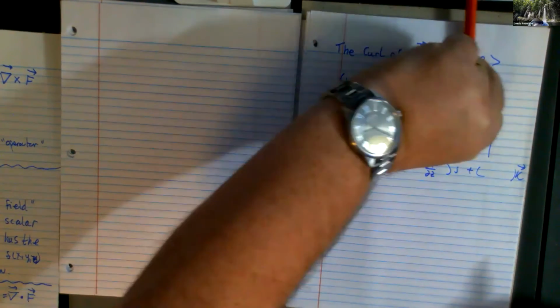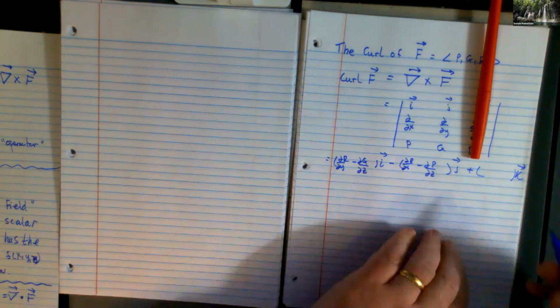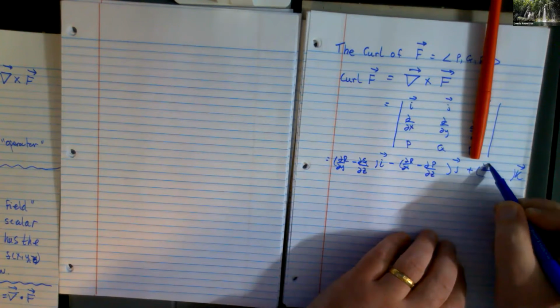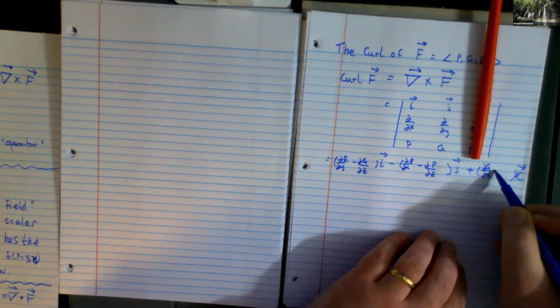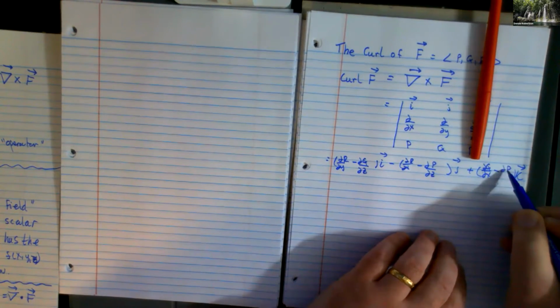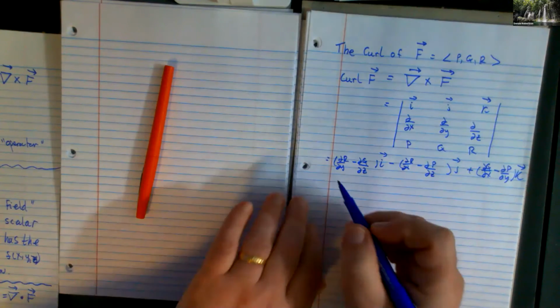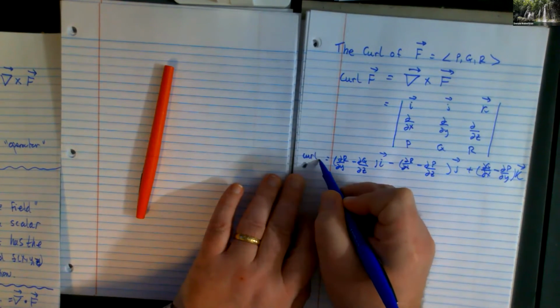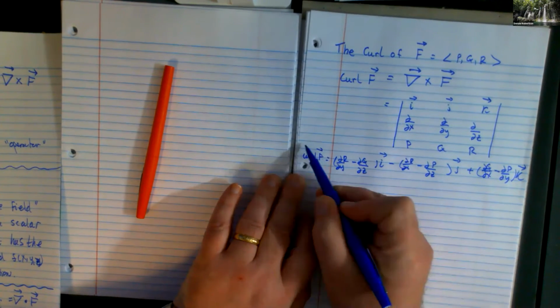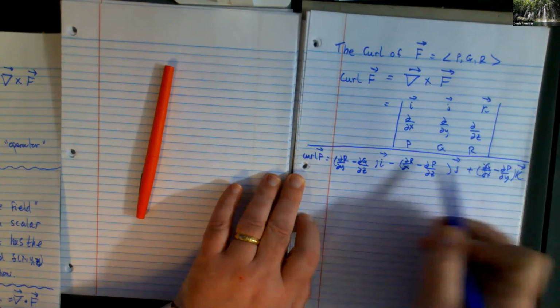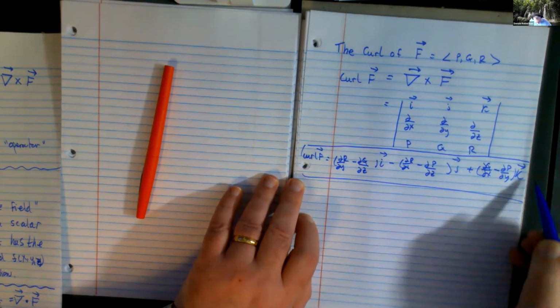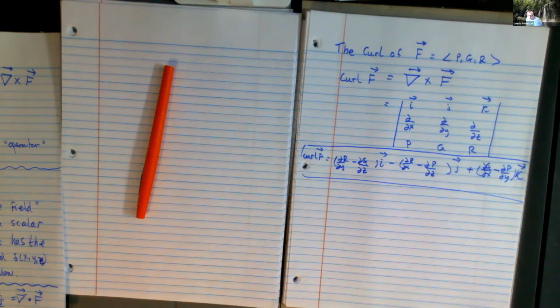And finally this one, dQ by dx, take away dP by dy. Now you might see, in fact, I'm sure you will see, this formula as the formula for calculating the curl of f.